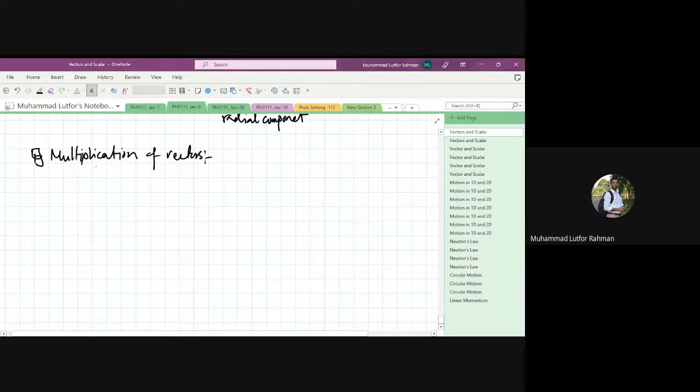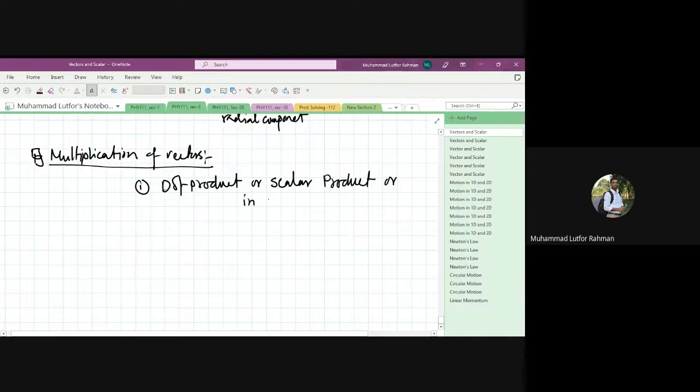There are two ways we can do that multiplication, right? One we define as the dot product, or we say the scalar product, or sometimes it is also known as the inner product.